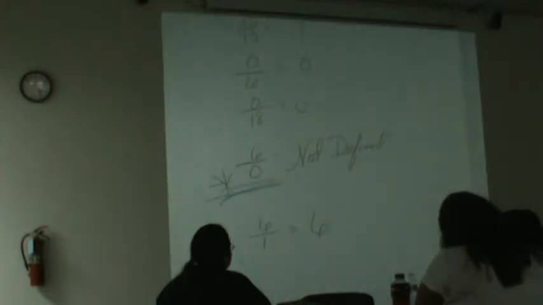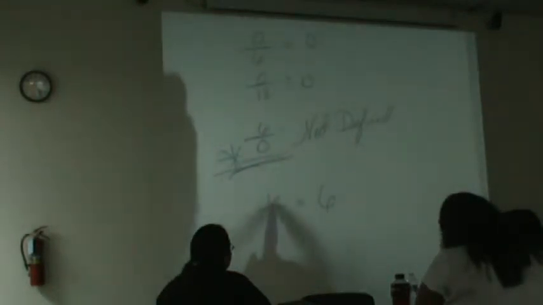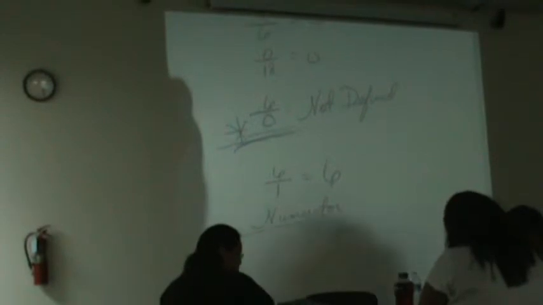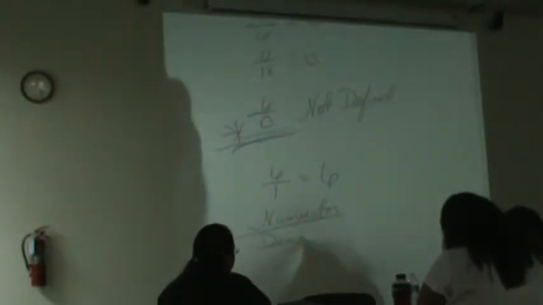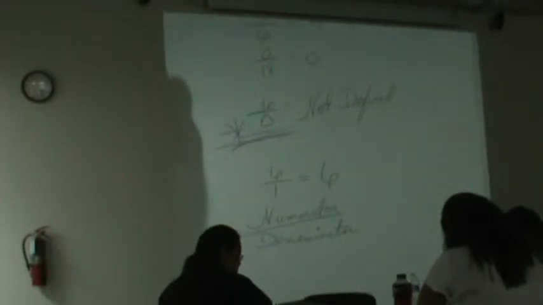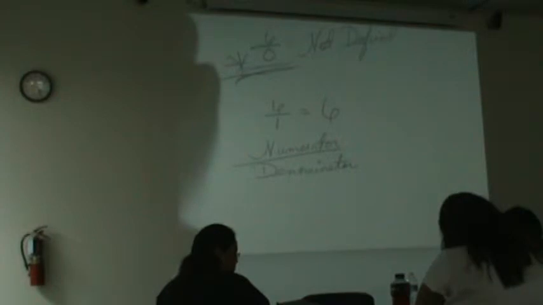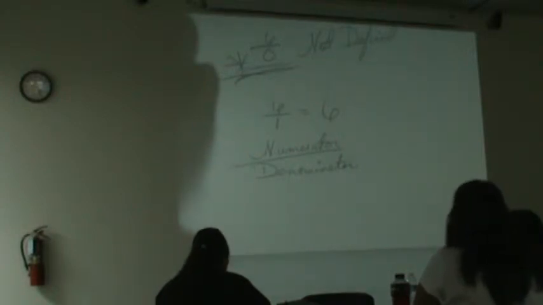Okay, in a fraction, the very top number is your numerator, and the bottom is the denominator. If you forget which one's which, remember how sometimes it says you have to get a common denominator?